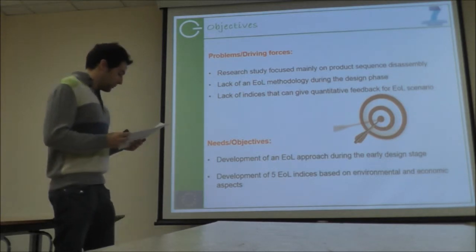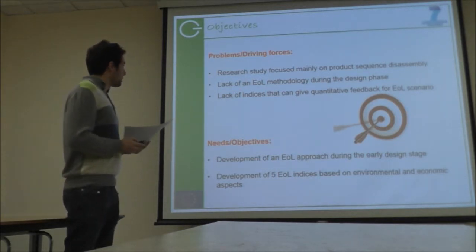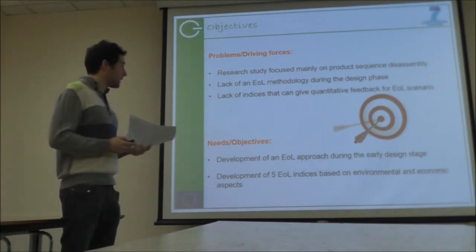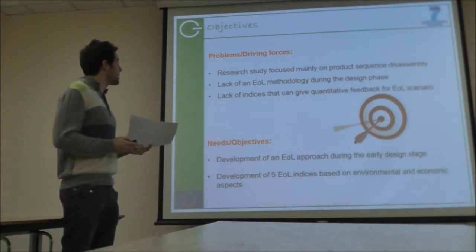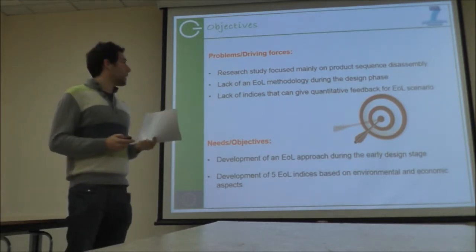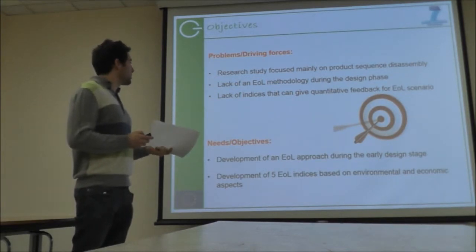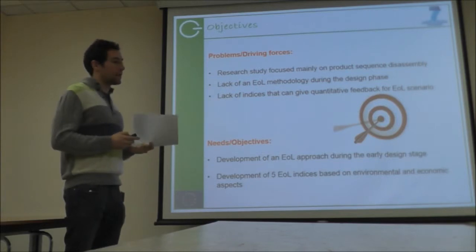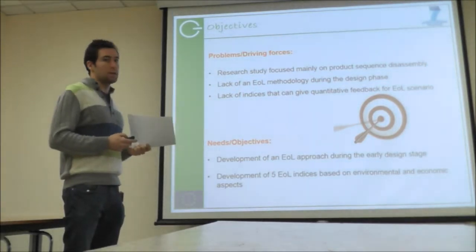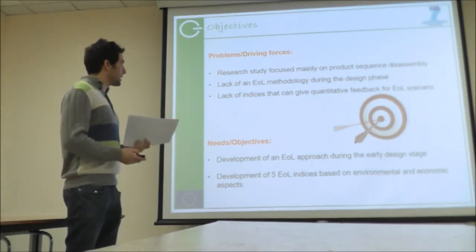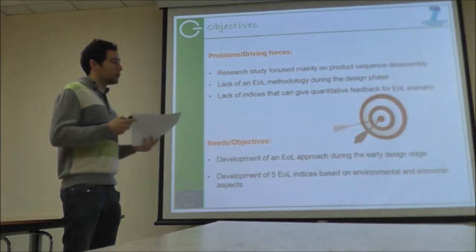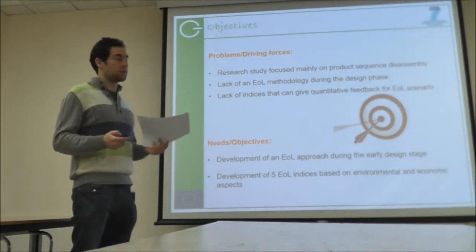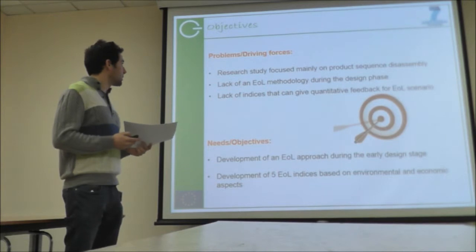So, which are the main problems we have to face? Research studies focused mainly on product sequence, and we found a lack of end-of-life methodology, but especially we found a lack of information for the designer in order to include end-of-life strategies within the design process.